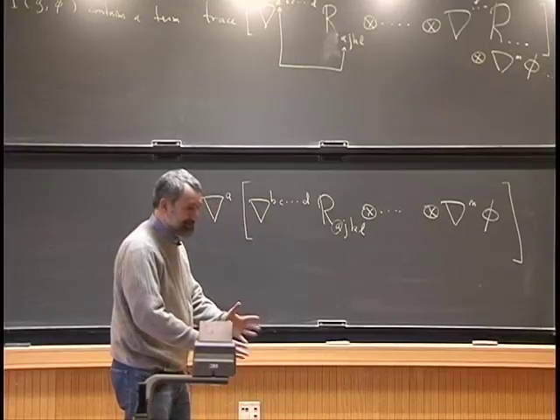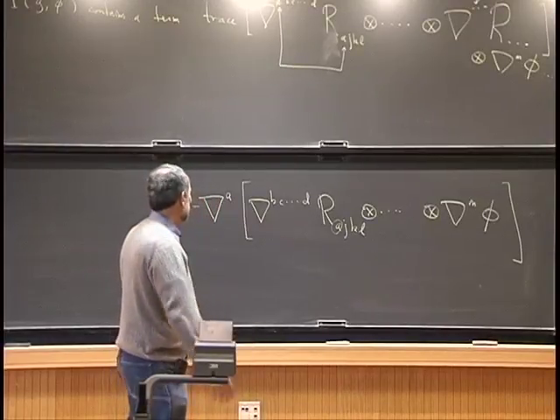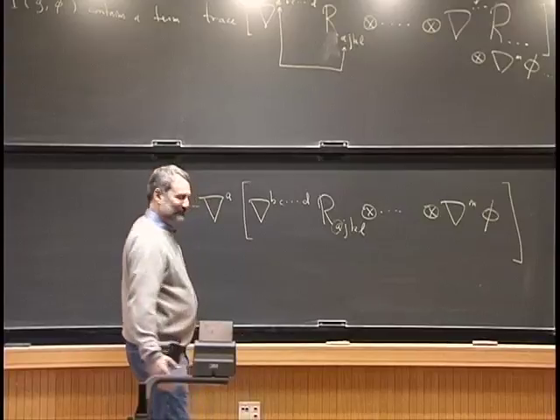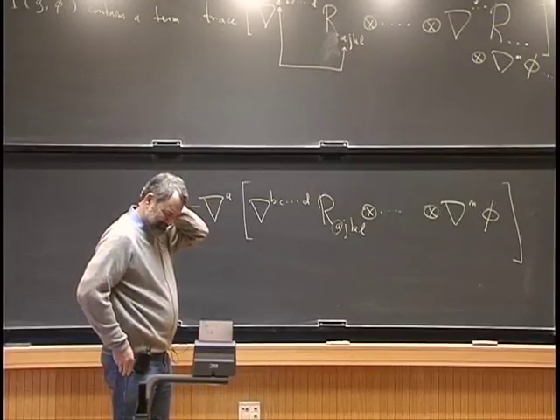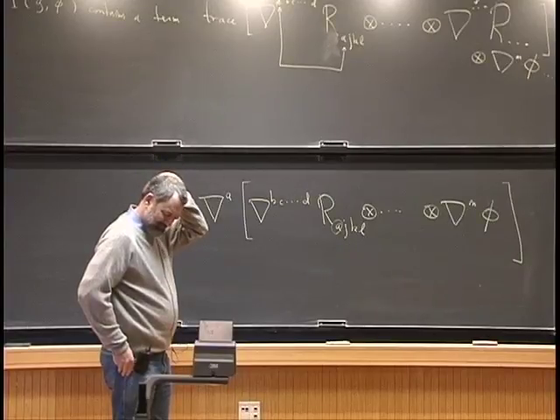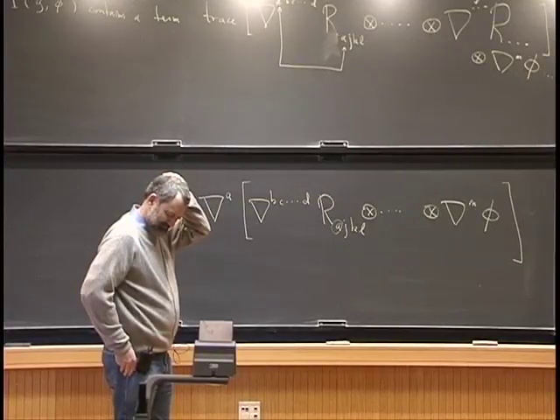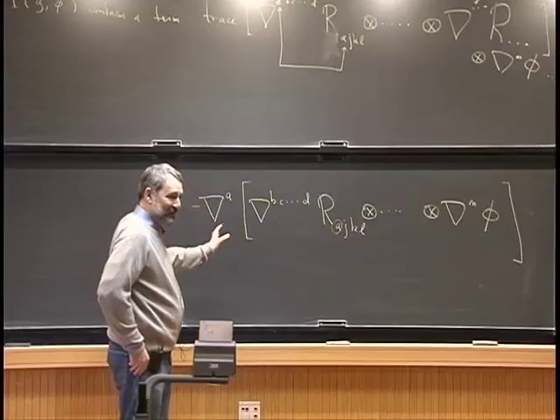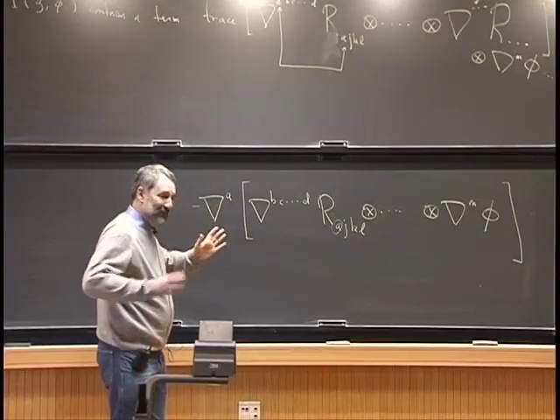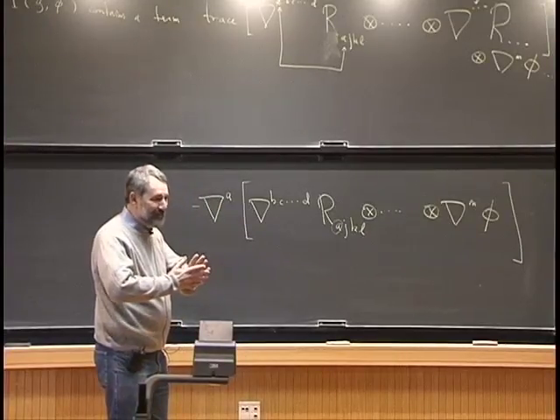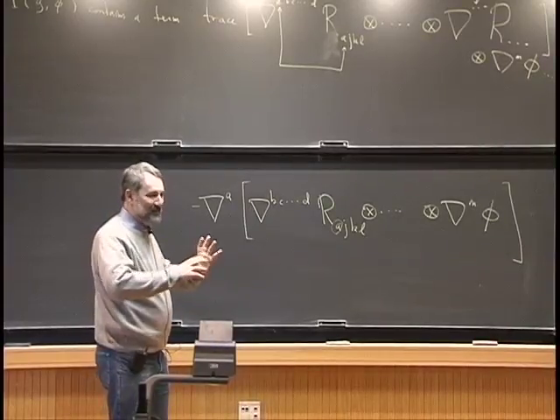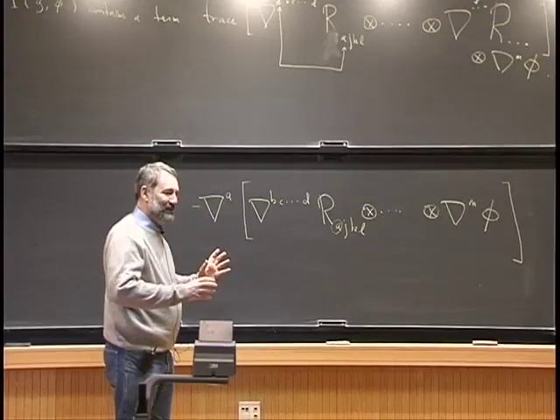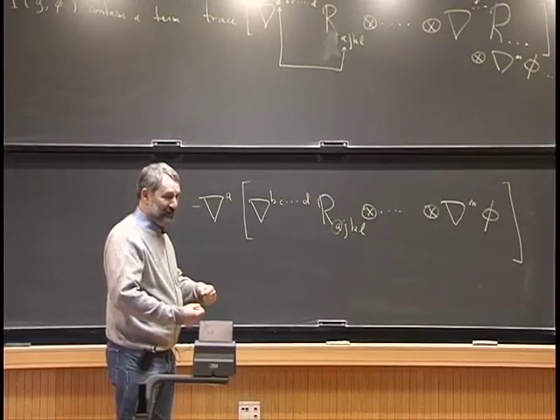So I'm trying to describe, let's see how to describe. All right. Of course, there are other terms, and so the claim is that there is some partial order on all possible contractions, which tells you which are more important than which others.